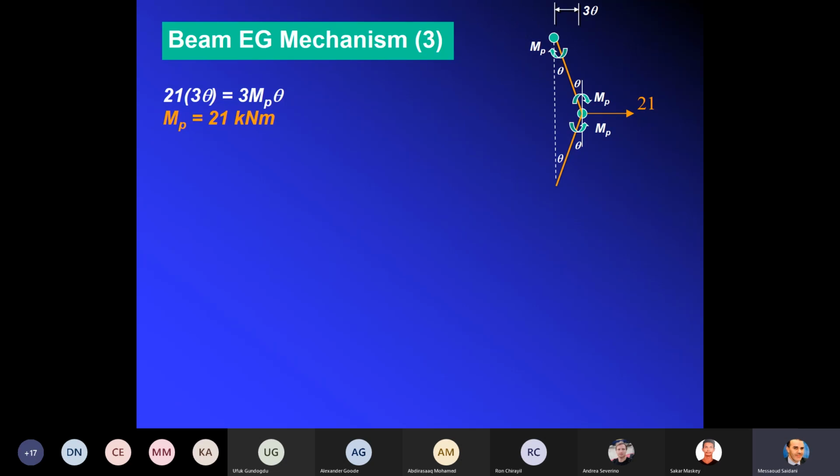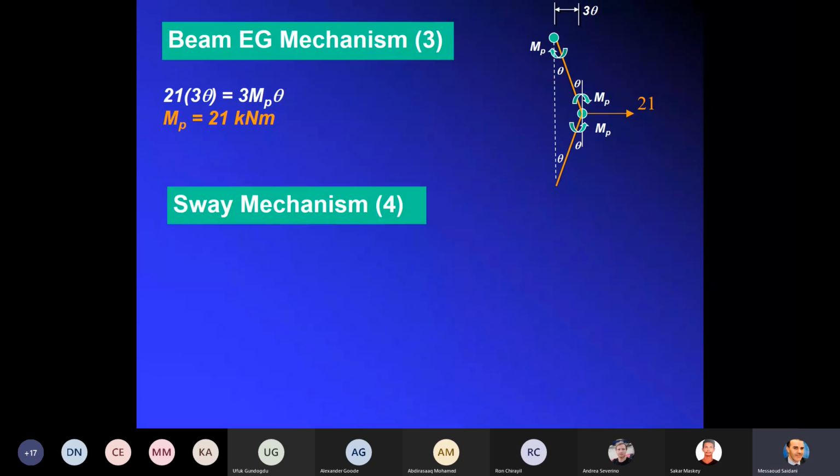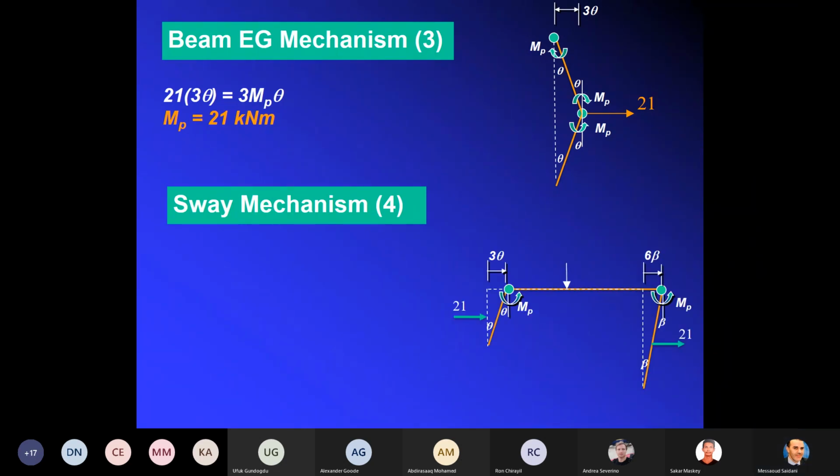Next is, what is next? The sway. So now we have got the sway of the frame as a whole, and this is the frame with the sway mechanism in brown or orange color. Again, there are no hinges at A and G. At the supports there are no hinges, right?